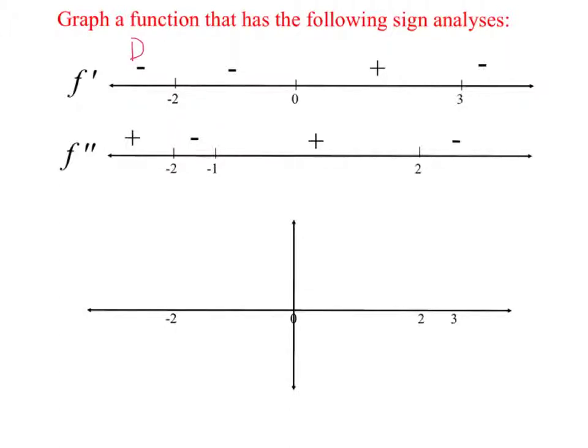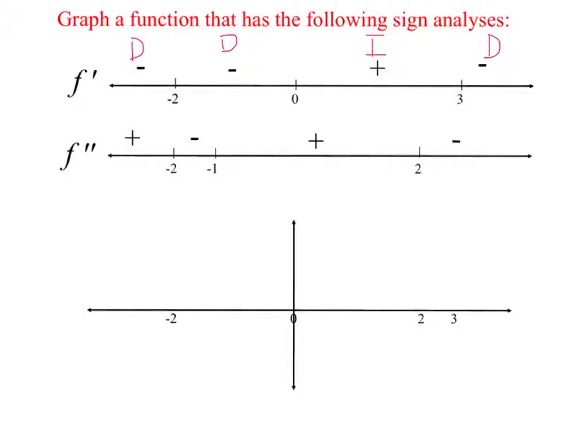I'm going to put D for decreasing. In the next interval, from -2 to 0, the derivative is negative, so the function is still decreasing. In the next interval, from 0 to 3, the derivative is positive, so the function is increasing. And finally, from 3 to infinity, the derivative is negative, so the function is decreasing.